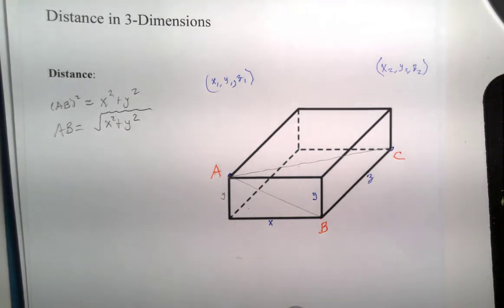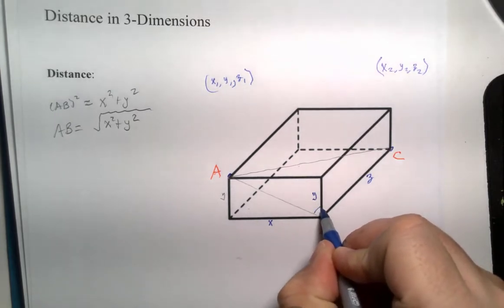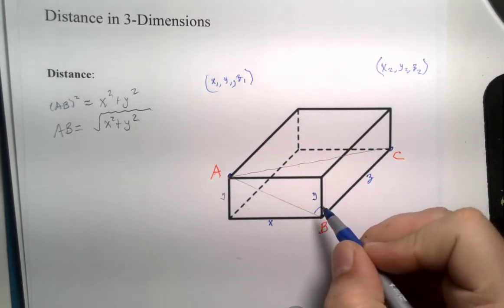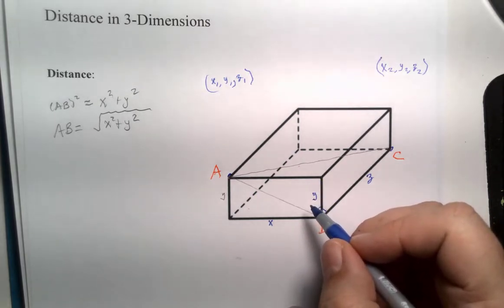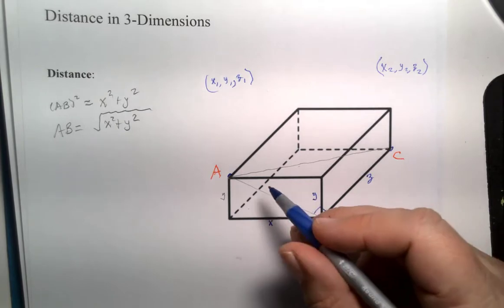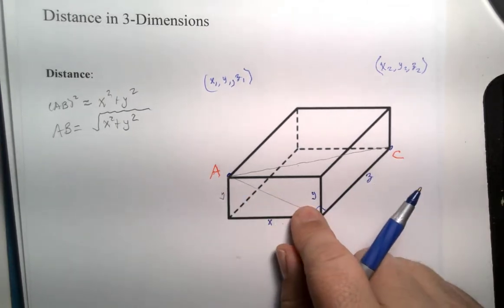Can you see the tilted right triangle? Can you see that tilted triangle? There's a right angle right here. It's kind of hidden behind this vertical edge, but that is a right triangle. This face here is perpendicular to this face here. There's a right triangle there.